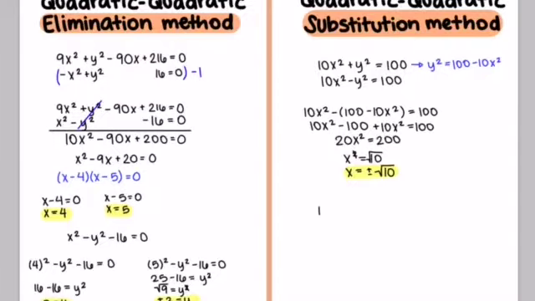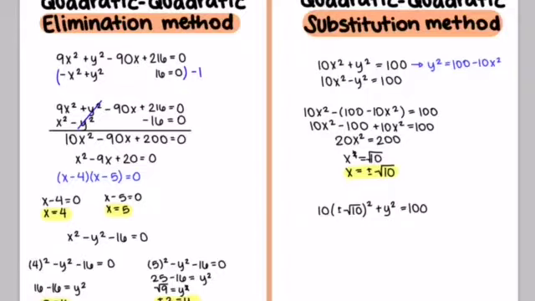Now, as in the other substitution methods, we're going to substitute that plus minus square root of 10 into the first equation, which gives us 10 times plus minus square root of 10 squared plus y squared equals 100. Here it's very easy to eliminate the square with the square root.